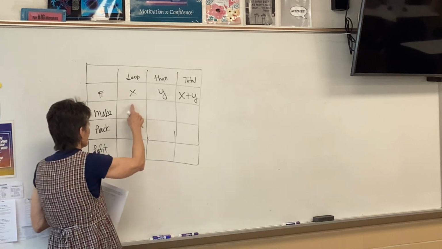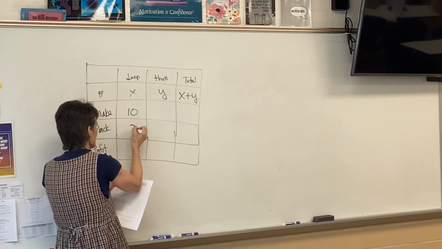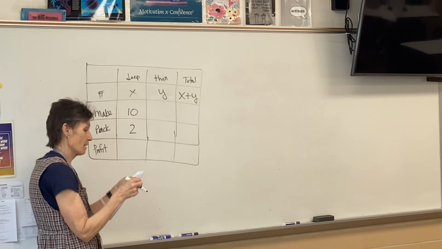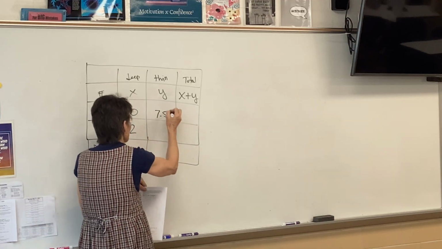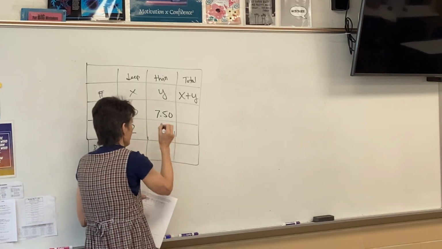So to make a deep dish costs $10, and to package it costs $2. It costs them $7.50 to do a thin, and they spend $1 in packaging.